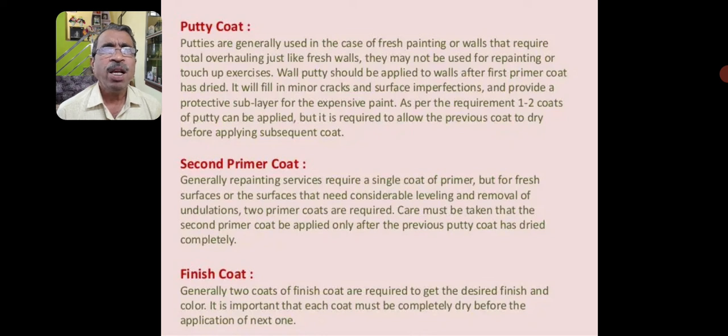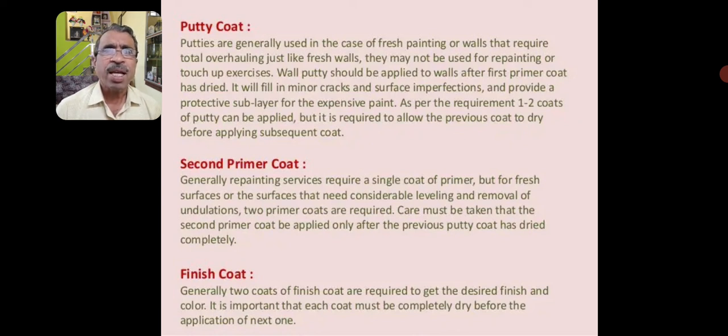It will fill in minor cracks and surface imperfections and provide a protective sublayer for the expensive paint. As per the requirement, 1 to 2 coats of putty can be applied, but it is required to allow the previous coat to dry before applying subsequent coats.